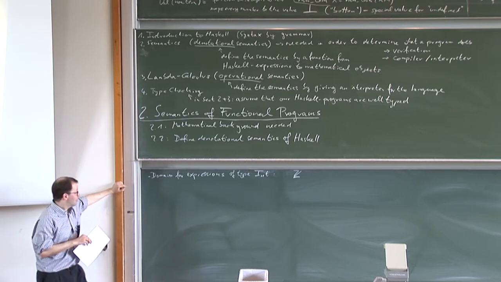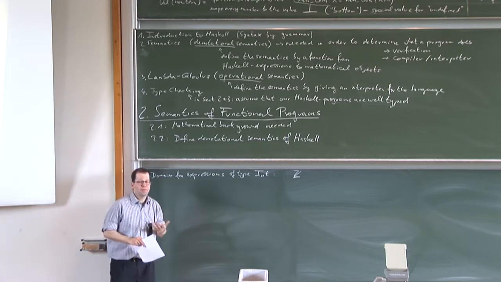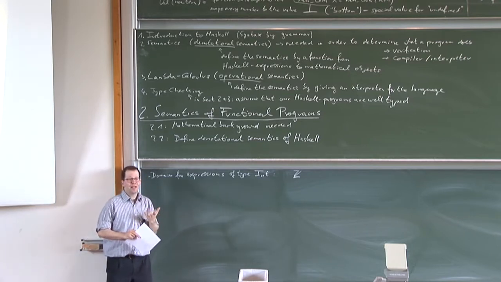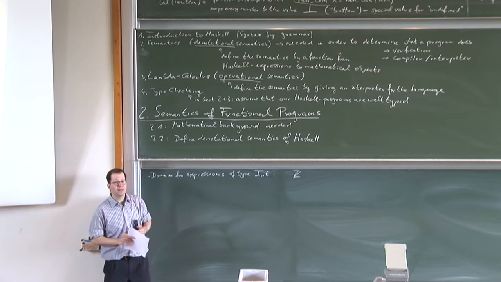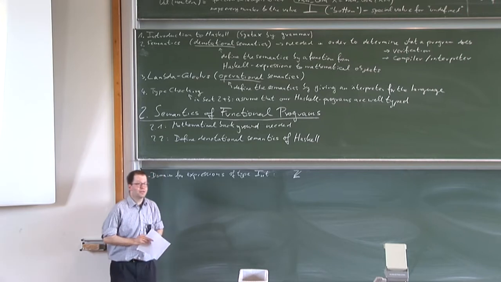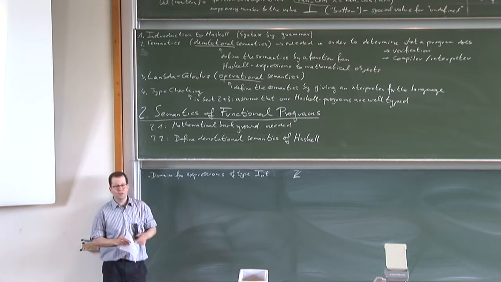Can you think of a Haskell expression of type int where the value is not 1 or 2 or -1 or -2 or 0, but something else? When you think of this, yeah. Square root, if you take square root of, say, 2, then what comes out is not an integer number.